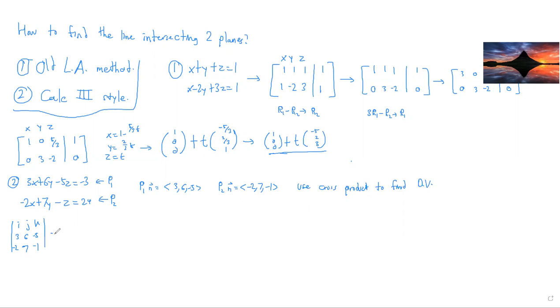When you do that, that's i times (6, -5, 7, -1), minus j times (3, -5, -2, -1), plus k times (3, 6, -2, 7).